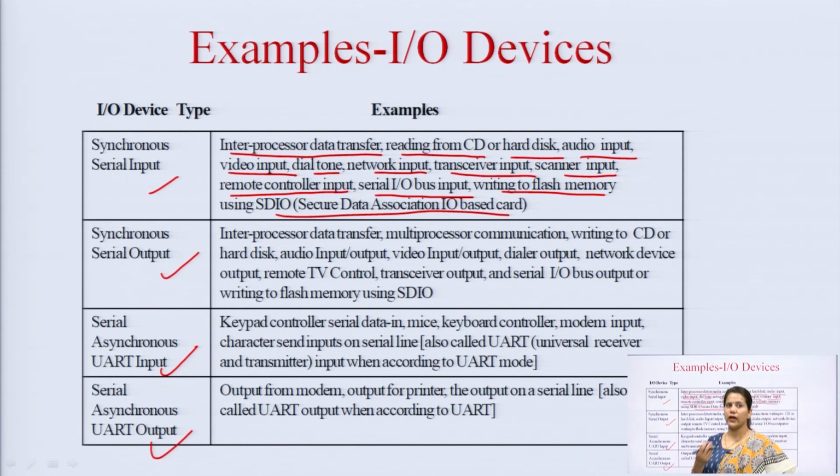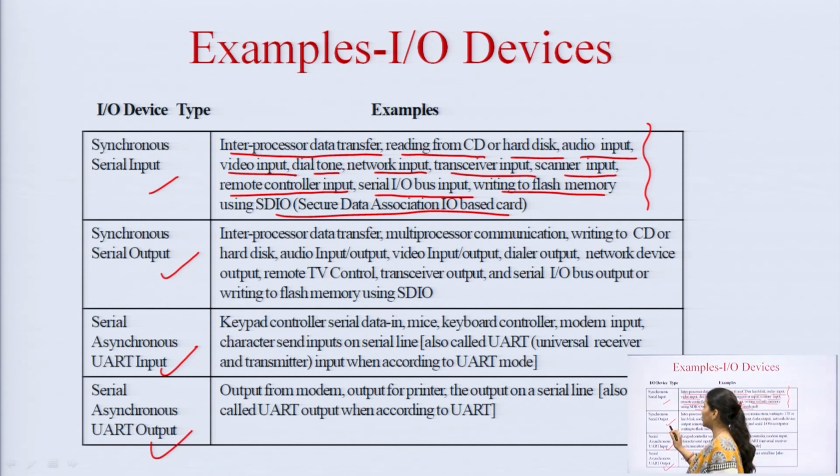So, whenever we write to the flash memory using the SDIO port, that is also an example of the synchronous serial input. What is the synchronous serial input? As the term defines itself, in the case of synchronous inputs, there must be some clock present. So, all these examples are supported by the clock.